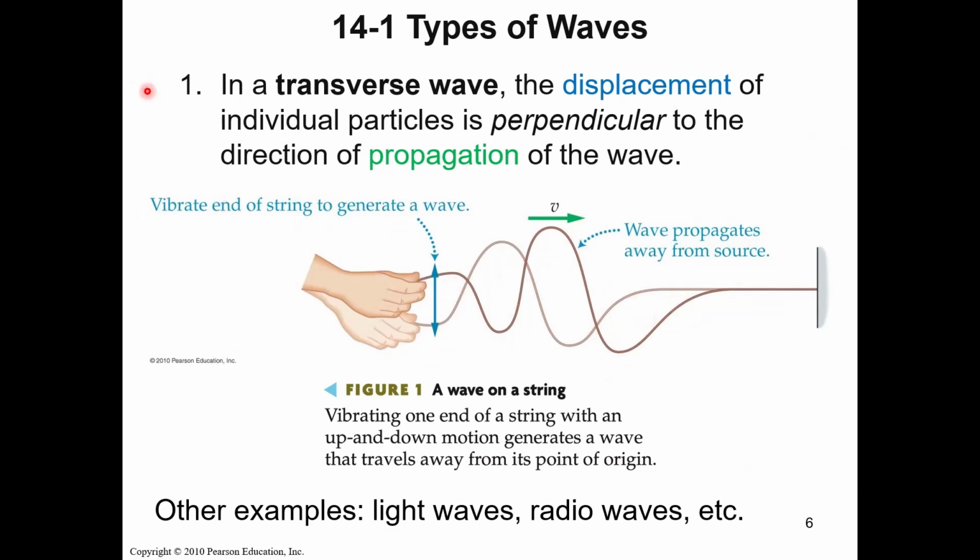So when we're talking about the string and the wave on the string, we can basically talk about the propagation direction, right? So if we vibrate one end of the string with up and down motion, that will generate a wave and it propagates. Okay, and we know that it propagates towards right.